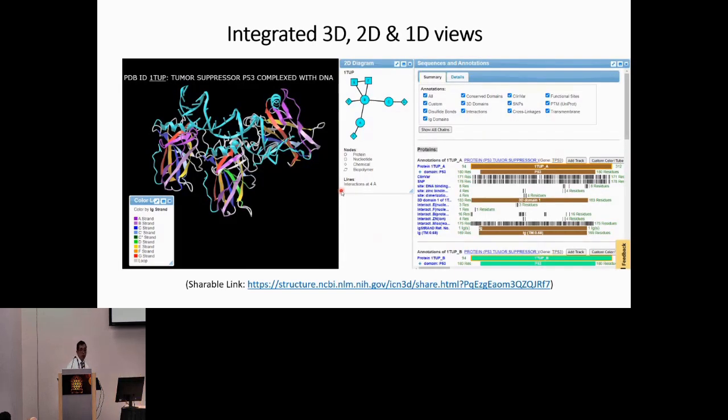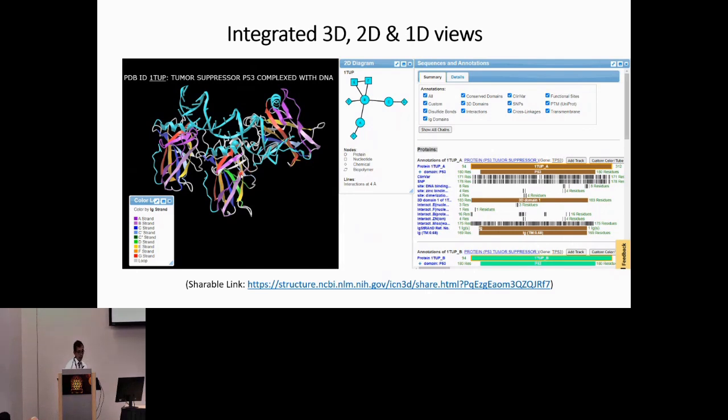Here I show one example of iCn3D showing the integrated 3D on the left, 2D in the middle, and the 1D sequence on the right. Right now it's showing the summary of the sequence. In the 3D, it detects Ig domains in this structure.